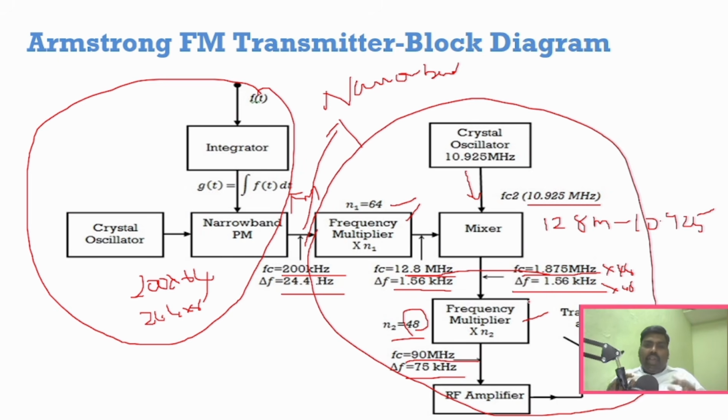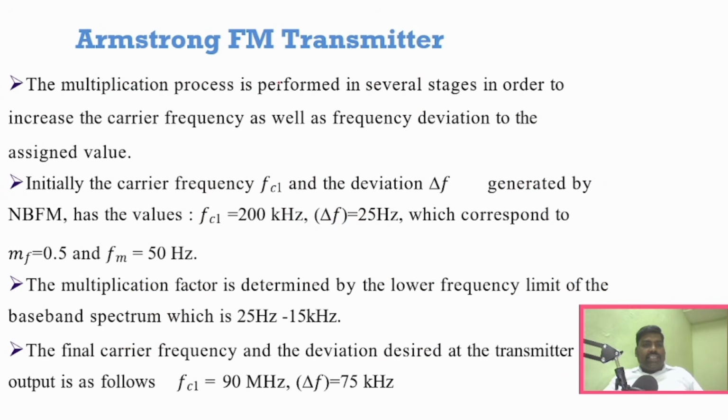Now we have to understand how the components N1 and N2 are obtained. It depends upon the carrier frequency and message frequency. There is a small calculation here, and we will see that. As I said before, the multiplication process can be performed at several stages, and here we are using two stages.